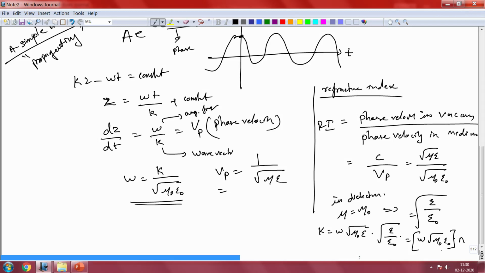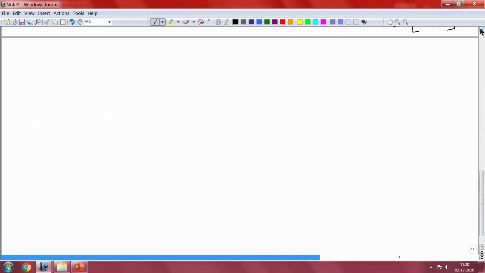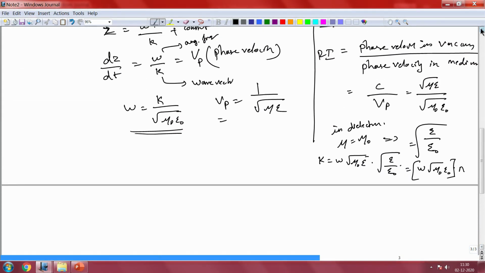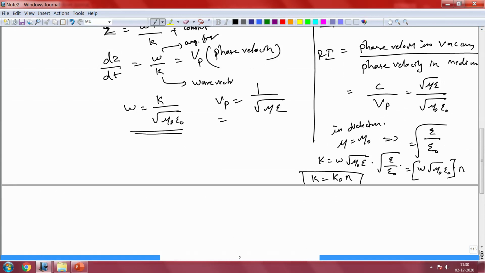So this is basically your free space wave vector. Okay. So that means k equals k naught times n. I am not sure whether you are able to see this. So this is nothing but k naught n. Okay. So this is your wave vector inside the medium. So the wave vector inside the medium is nothing but the free space wave vector times the refractive index. So this is the vacuum wave vector and n is the refractive index.